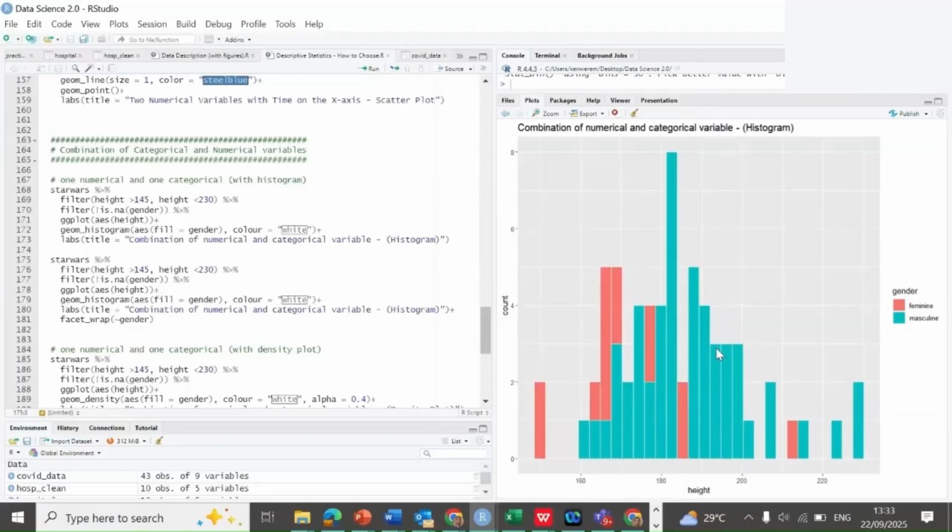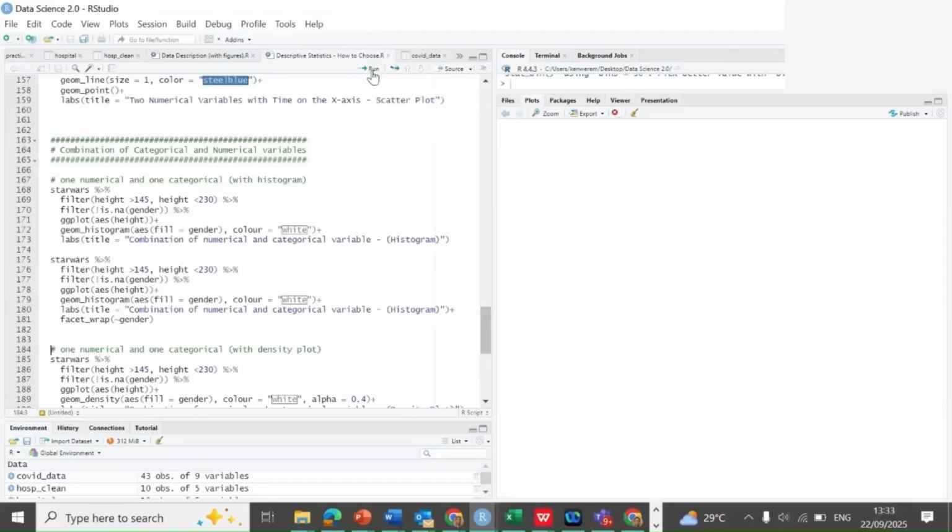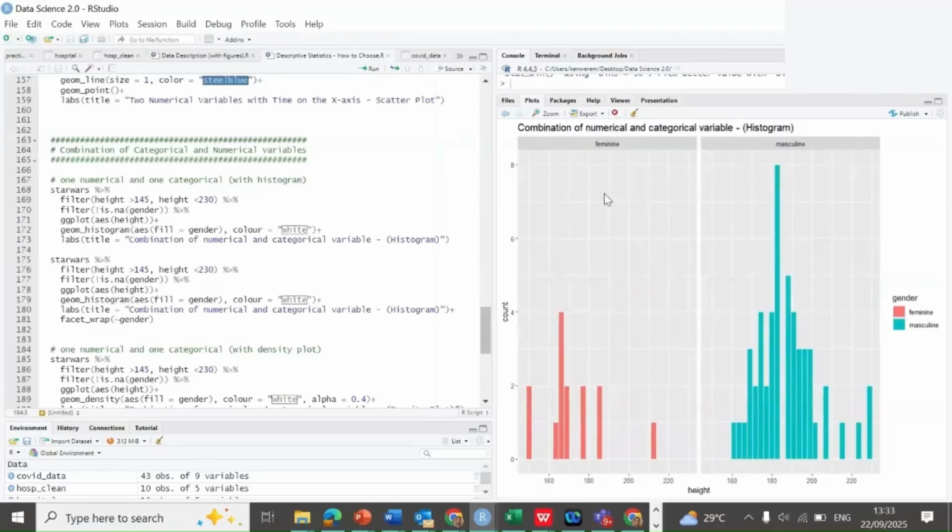So either you have the disaggregation within one graph, or you can have two different graphs with each graph representing the categories of the categorical variable. So either you have it like this, or you can have it like this. Now you can see here we have two graphs, one for feminine and one for masculine, and then we have the histogram for feminine and the histogram for masculine.